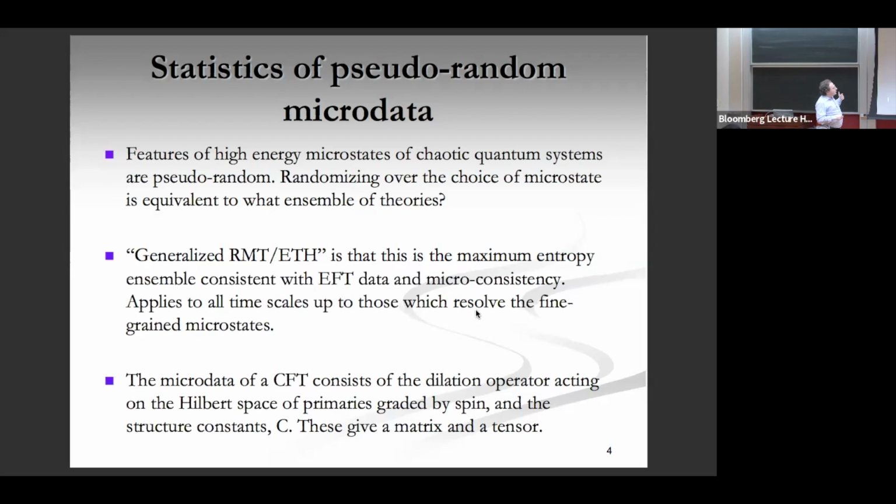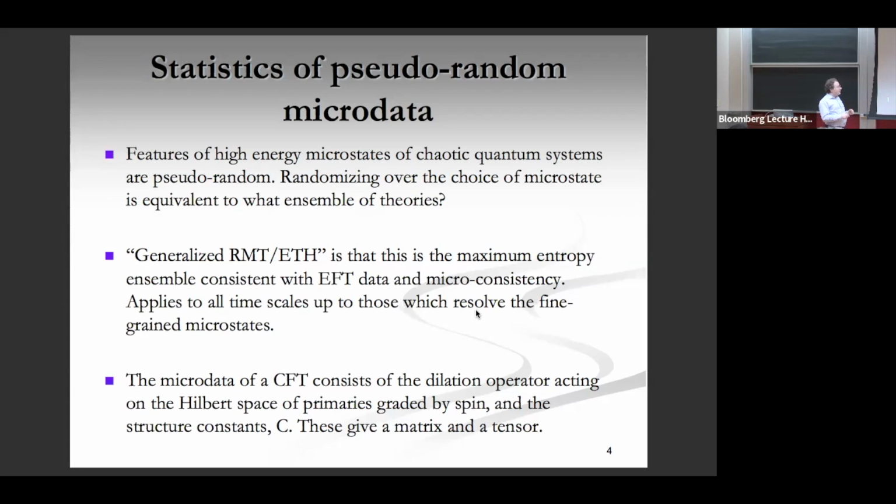But we can ask a much more fine-grained, much more precise question about this story of the pseudo-random aspect of high-energy microstates, which is in the following line. We imagine we have a specific theory. It has a specific spectrum. It's not random. It's some very large number of infinite precision numbers.